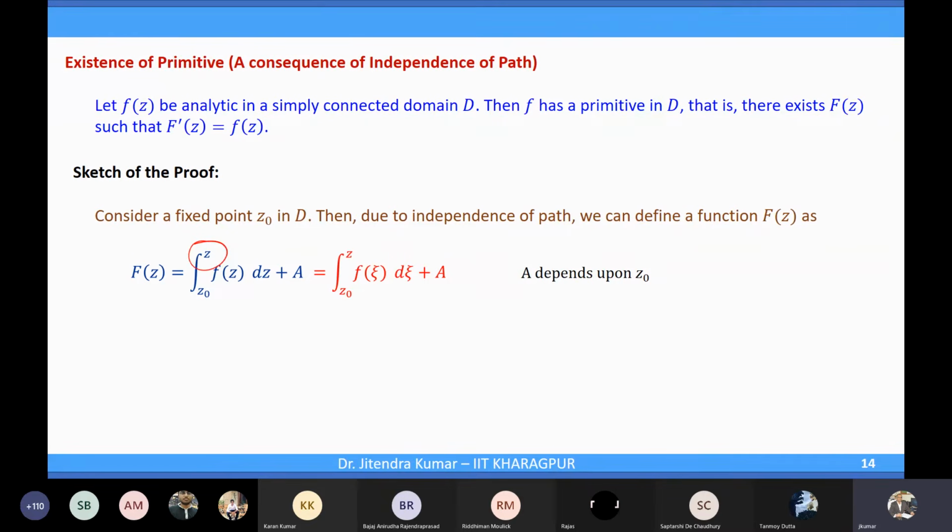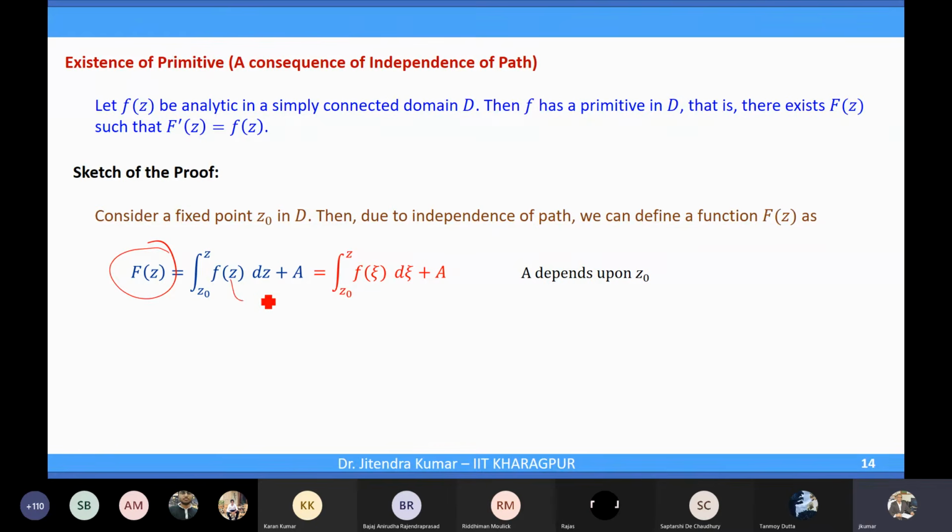The upper z we are taking as a variable, but z0 we have fixed, some fixed z0 in D. The idea is that we can define a function F(z). How is our function defined? The integral of this f(z) dz, correct? And that we are denoting with big F(z).